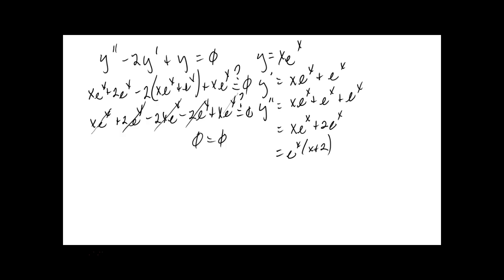Yeah, that works. Not a very interesting solution, but it works. That's called the trivial solution because it's pretty trivial. The derivative of 0 is still 0, and the double prime is still 0.